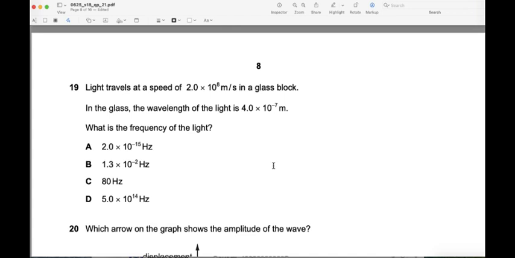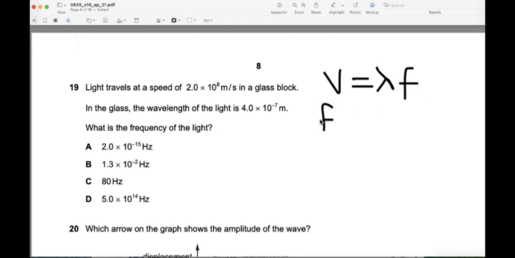In the glass, they've given us the speed and the wavelength. You know, speed is lambda f. Lambda means the wavelength, multiplied by the frequency. What they want from us is the frequency, so you make f the subject.